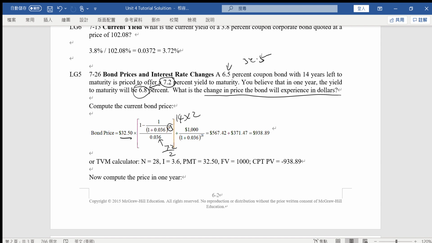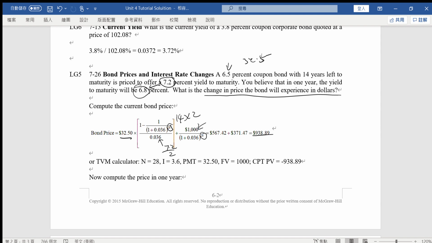The same for the principal, that will be 1,000, the par value, compounded 28 times. And finally, the bond price should be 938.89.